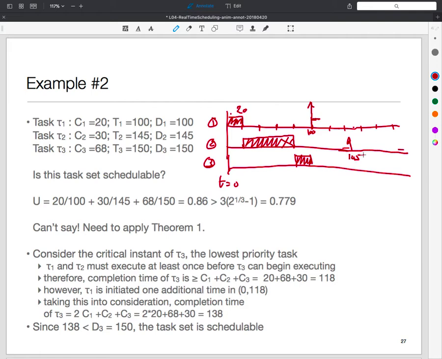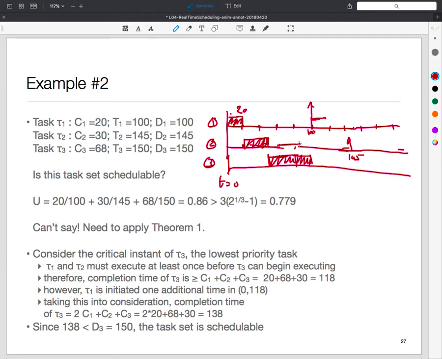Okay, so what happens out here? I'm sorry, I messed it up really bad here. The 30 was up to this point. So this will get the CPU here.